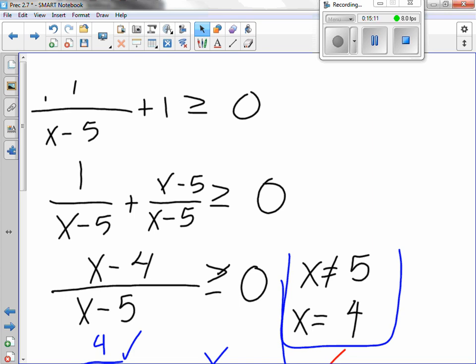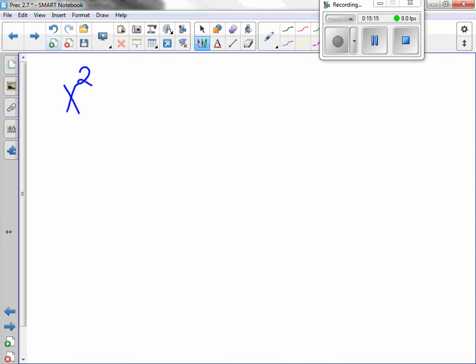x squared plus 4x, and this one here we want to graph it. Solve the inequality and then graph the solutions. So to solve it, I need to find the zeros because I need to find the key points. Steps: greatest common factor.